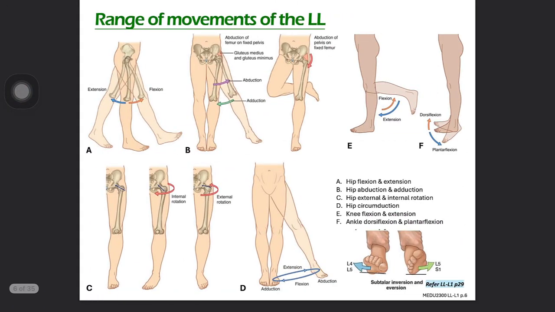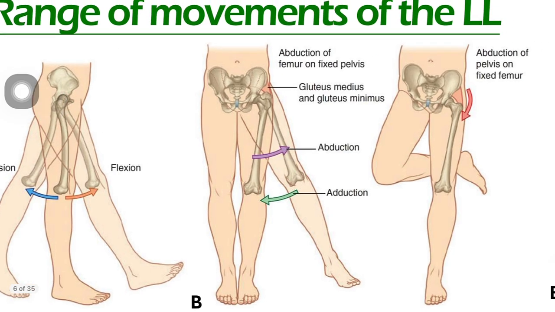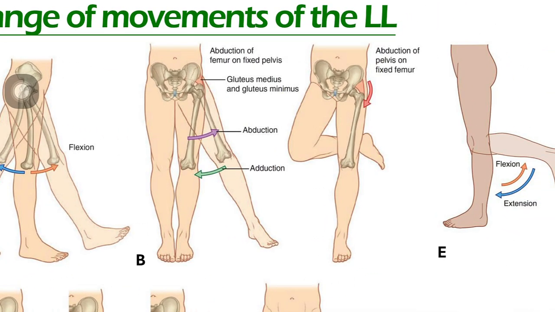And then back to the range of movement. Here is a quick overview. You should know it, right? Flexion, if we go to this side, flexion, extension. And then for the hip joint here, if we move the thigh and the leg close to the midline, it is adduction, right? Away from the midline, abduction, okay?